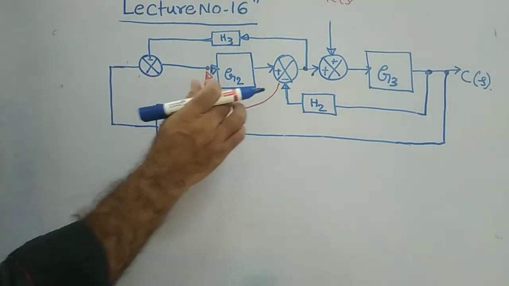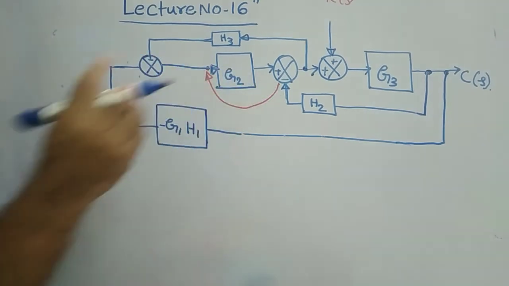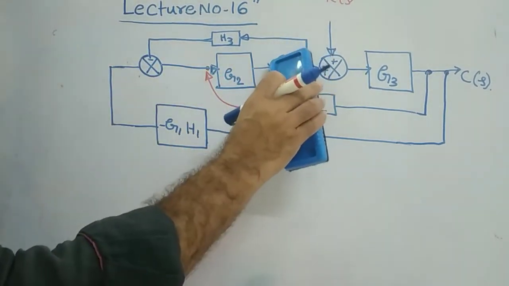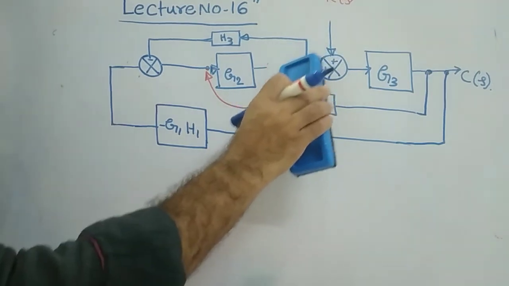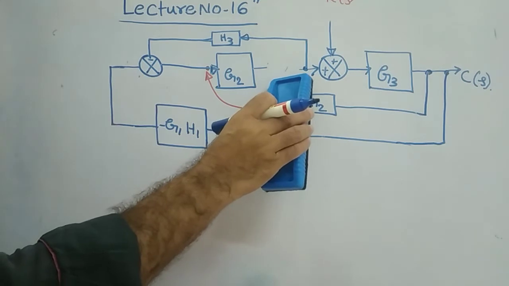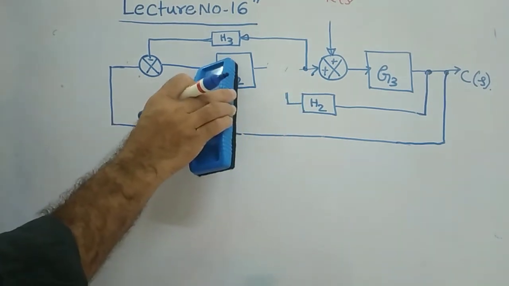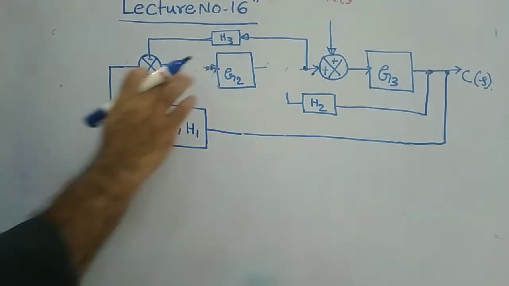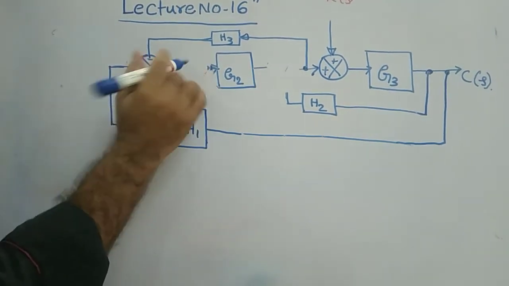What is the gain? It is 1 by G2. 1 by G2 will be added. So if you represent that, I can show you.